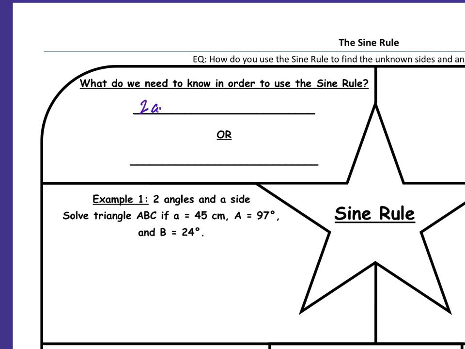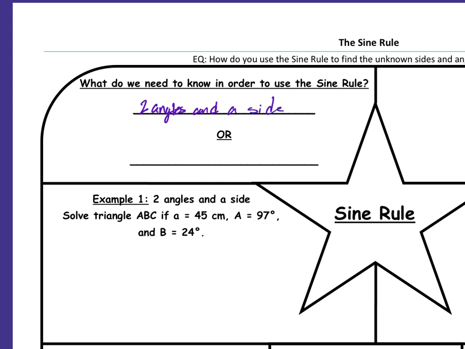So, two angles and a side. Oh, I don't think it actually has to be an included side. I think it can just be two angles and a side.